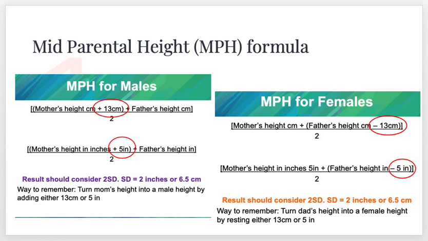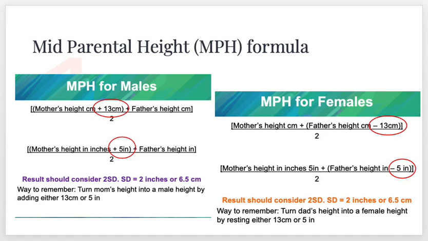So every single time that you're giving an answer, make sure that you add plus or minus 2 to 4 inches. If you have a male and you need to calculate the son's height, all you have to do is make sure that mom's height becomes the equivalent of a male height. So in this case, we would add 13 centimeters if you're doing centimeters, or 5 inches if you're doing inches, and then you divide by 2, so that way you can get that mid-parental height for a male.